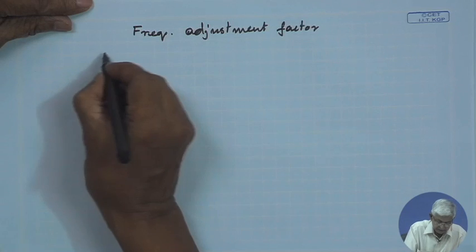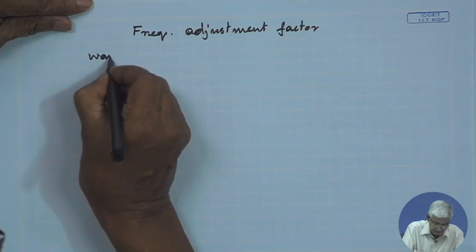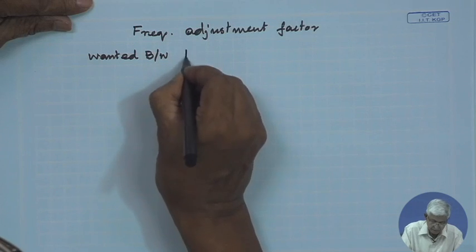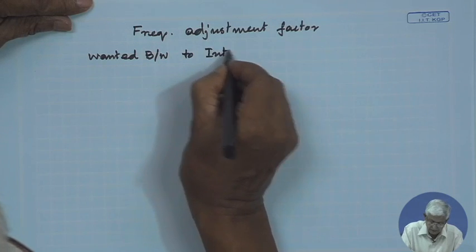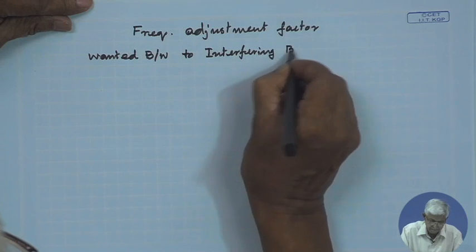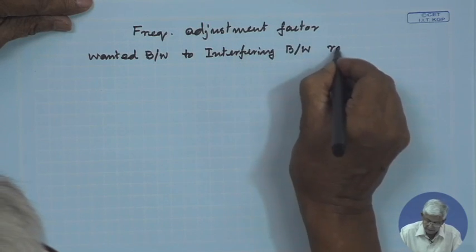That is nothing but that wanted bandwidth to interfering bandwidth, it is a ratio adjustment.